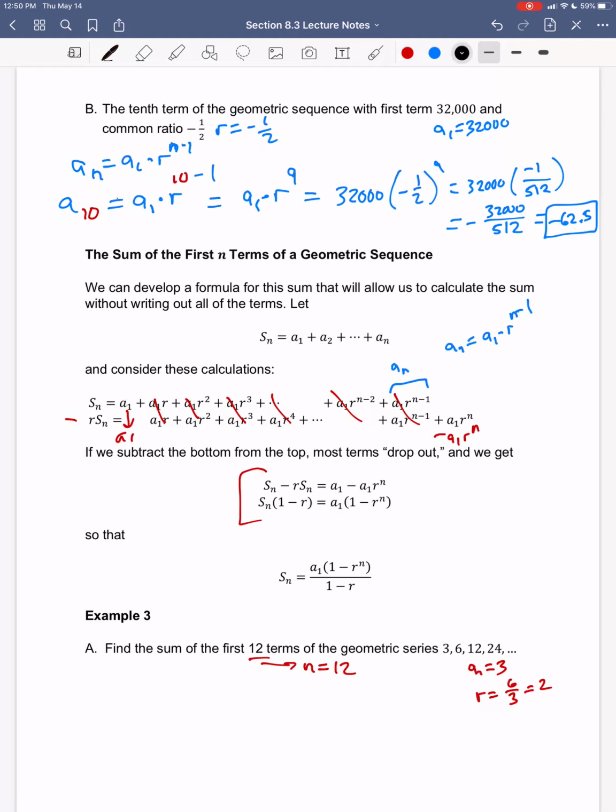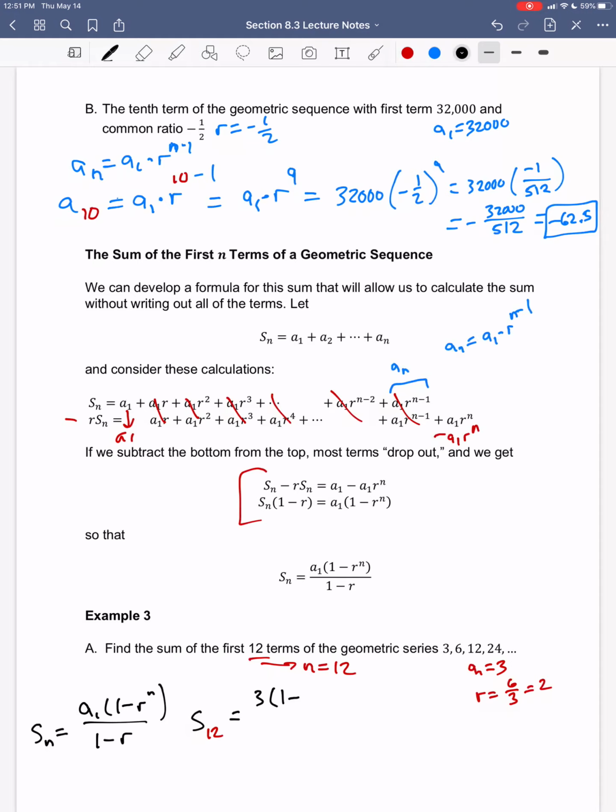So my s sub n is equal to a sub 1 times 1 minus r to the n all over 1 minus r. I want s sub 12. A sub 1 is 3.